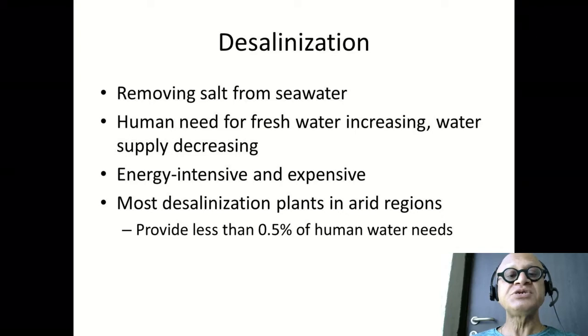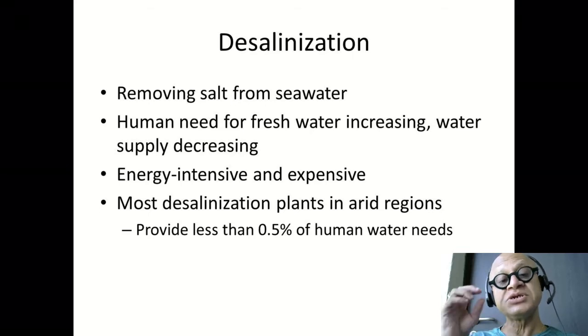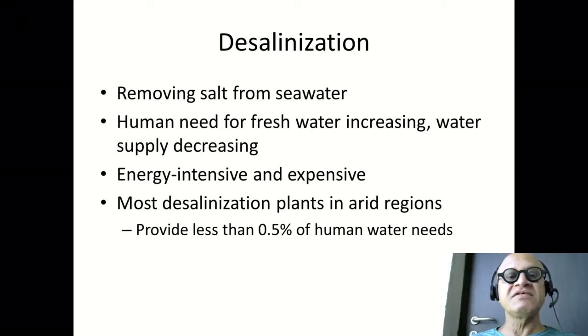So desalinization is basically removing salt from seawater, and life depends on fresh water. Humans depend on fresh water, and all the life forms that live on land depend on fresh water. But desalinization is very energy intensive, which means it's very expensive. Plus, energy consumption means you're again going to add to global warming.